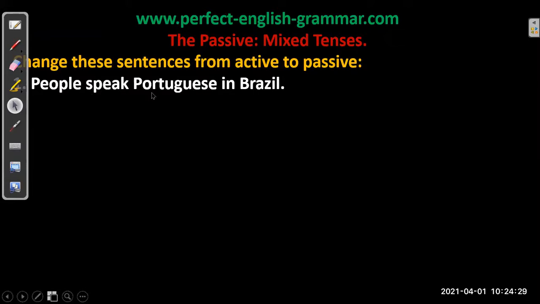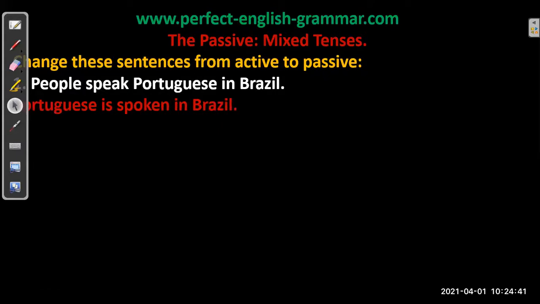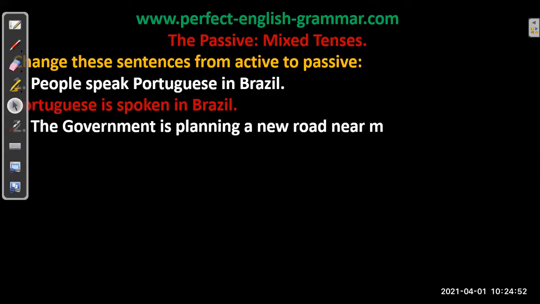You start with the object, Portuguese. So, spoken in Brazil. Thank you. Repeat it again, please. Read the sentence and the answer. People speak Portuguese in Brazil. Portuguese is spoken in Brazil.